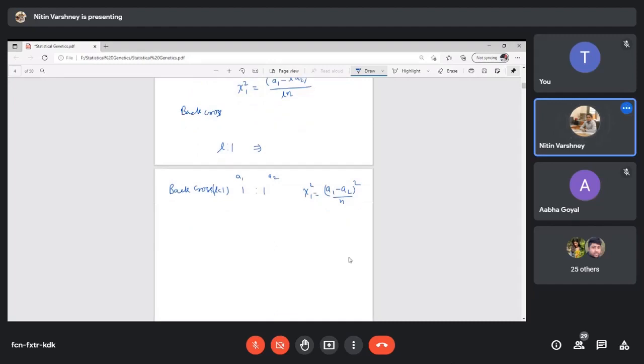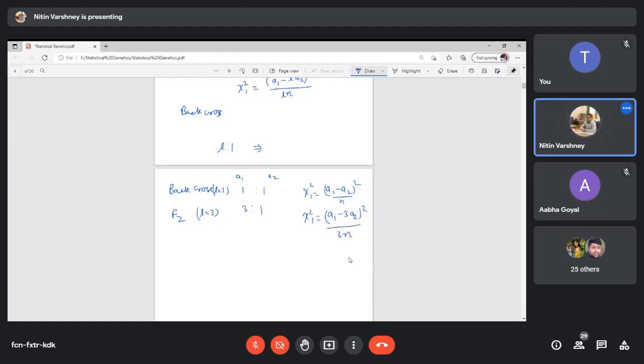Similarly, in F2 the ratio is 3 is to 1. Then L is 3. So chi-square 1 will be A1 minus 3 A2, whole square, upon 3N.